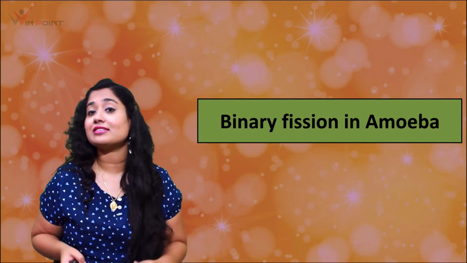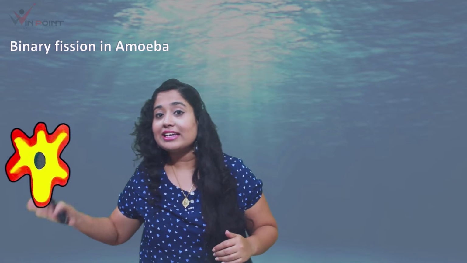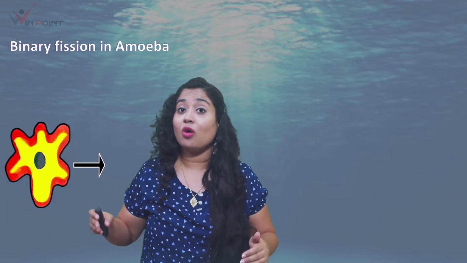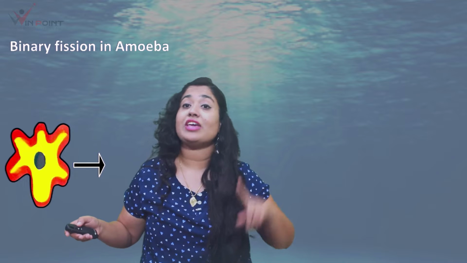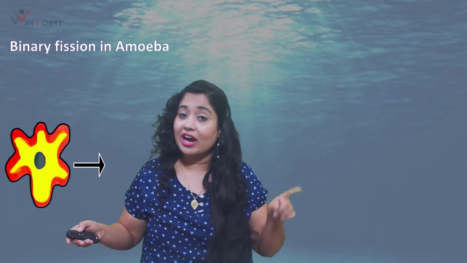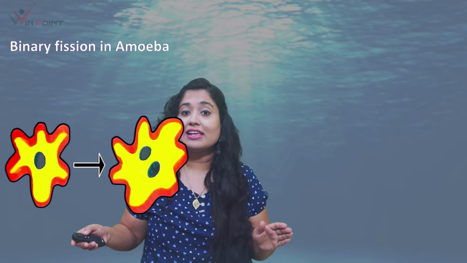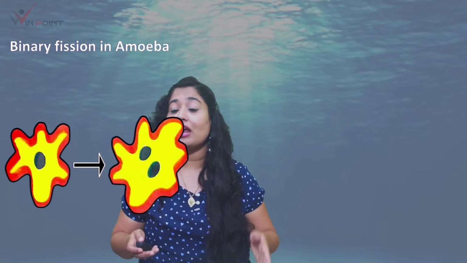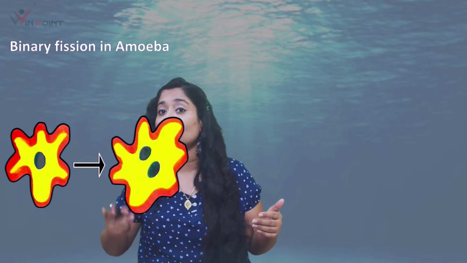Now let's discuss the example of binary fission in amoeba. You can see the structure of amoeba. It has an irregular body shape. Now when it undergoes binary fission, you can see that first we have learned that nucleus divides, later on cytoplasm divides. So the parent cell, you can see that in the next stage it gets mature, and you can see the nucleus is dividing and nucleus is split into two.